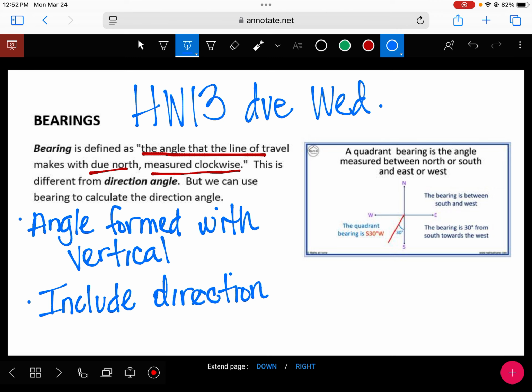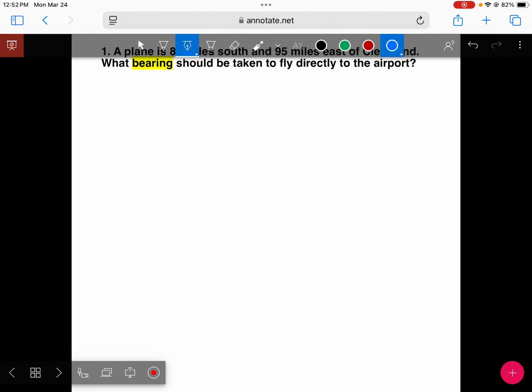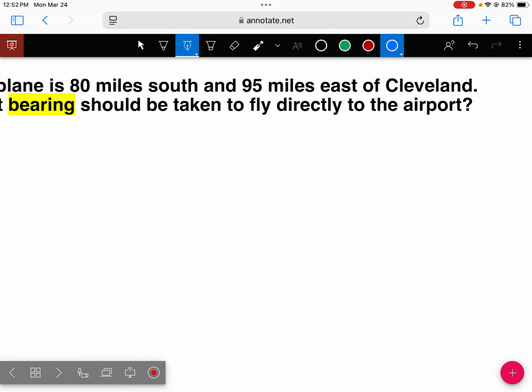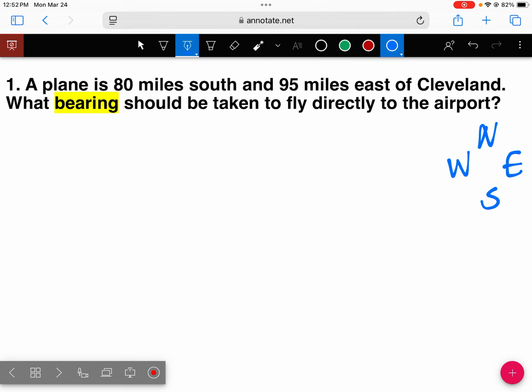Okay. So let's go ahead and get started. So thinking about our compass, never eat soggy waffles. I don't know if that's how you all learned it, but that's how I remember it. So we have our compass. It says that we have a plane. The plane went south, which would be this direction, and then it turned and went to the east, which is this direction, from Cleveland.